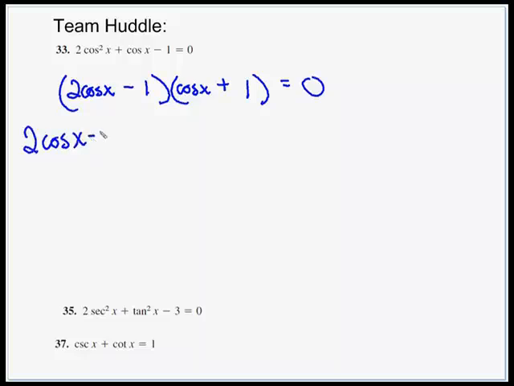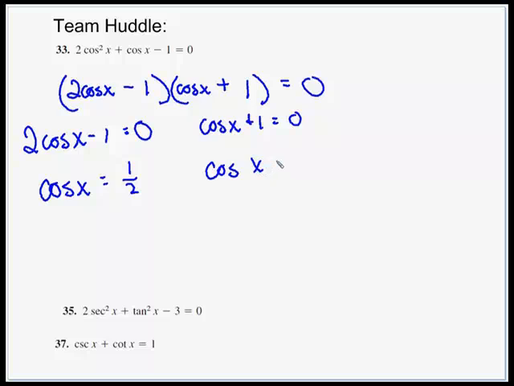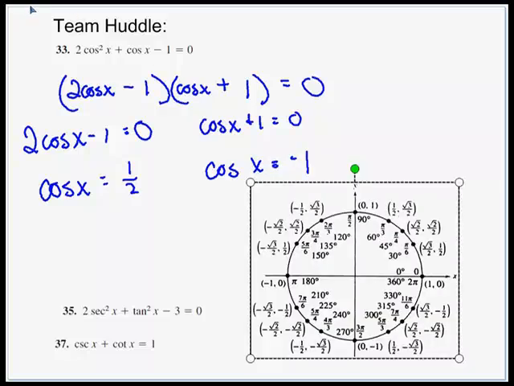2 cos x minus 1 equals 0. So here the cos of x is positive 1/2, and cos x plus 1 equals 0 means cos of x equals -1. Where does that occur on the unit circle?